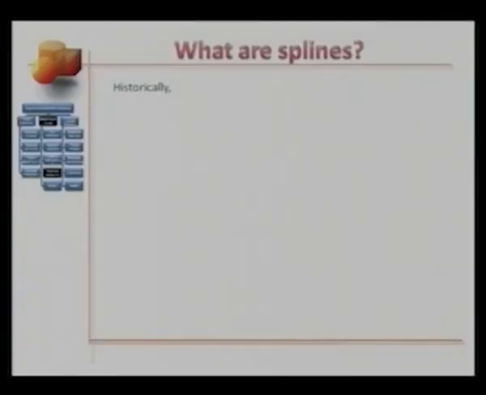How do you think Britishers, Portuguese, and Spaniards could build huge ships about 300 to 400, maybe 500 years ago and travel across the world? They used something called ducts, and within or in between those ducts, they used to place wooden strips or metallic strips and get the shape of the hull of the ship.